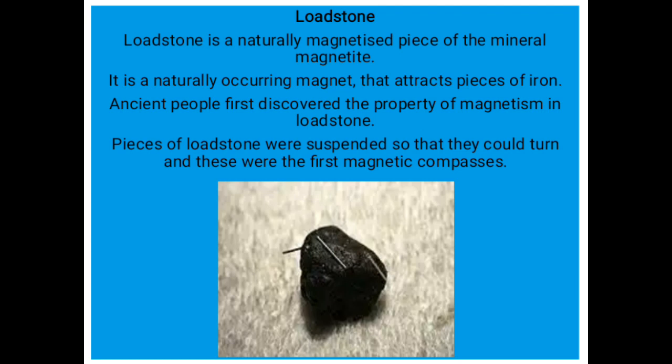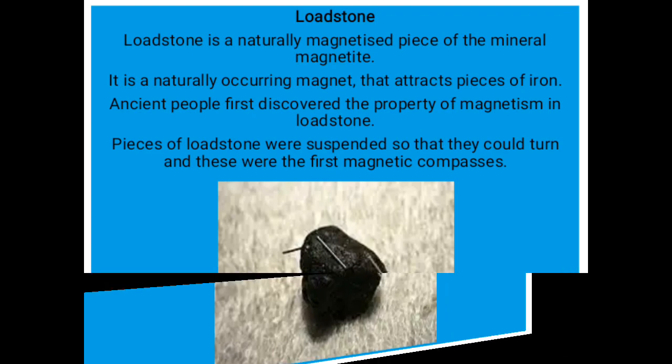Lodestone. Yes. And what you are seeing there in the diagram is lodestone, which attracts what? Iron, pieces of iron. Now, pieces of lodestone were suspended so that they could turn, and these were the first magnetic compasses. Yes. Are you following?